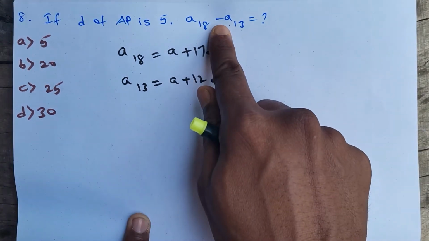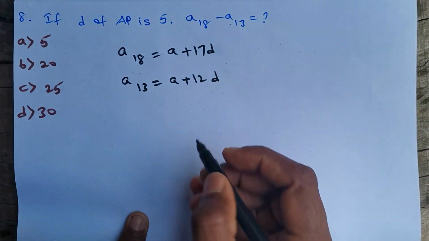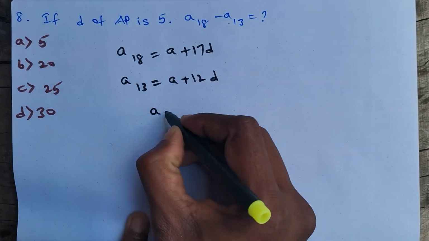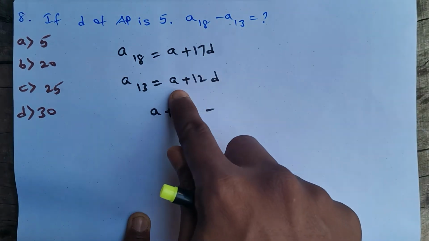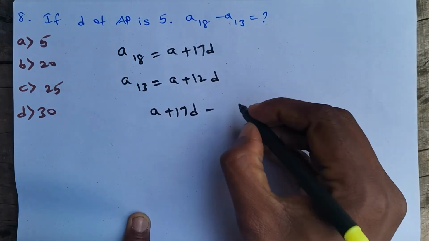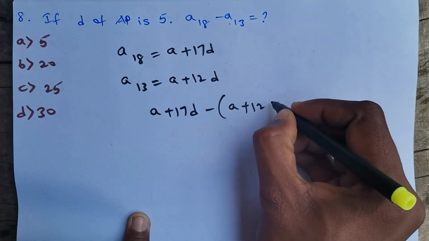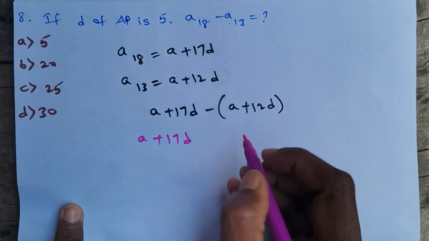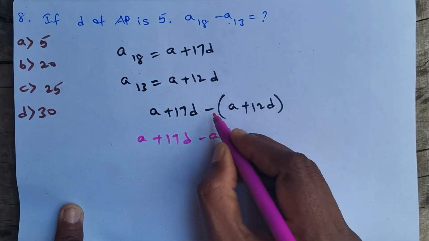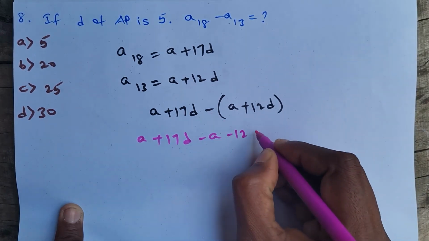We want subtraction, so I will do subtraction of these two. 18th term A plus 17D minus 13th term A plus 12D. Here two terms are there, so bracket A plus 12D.